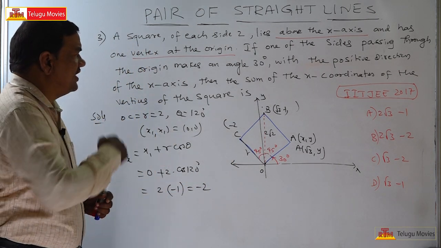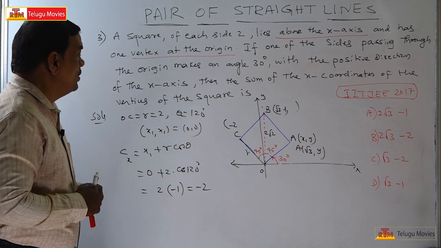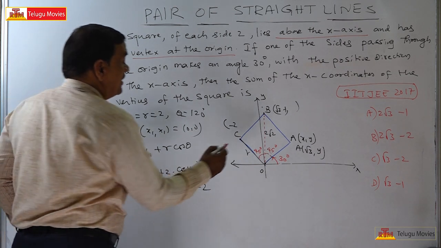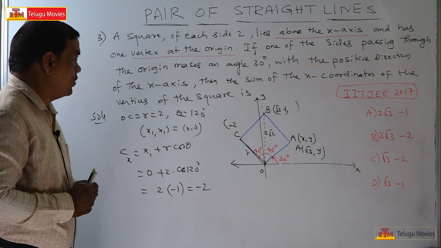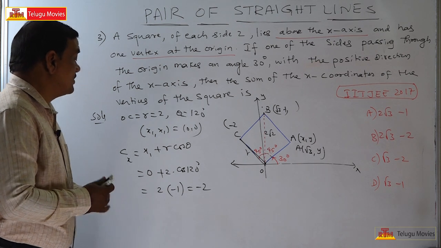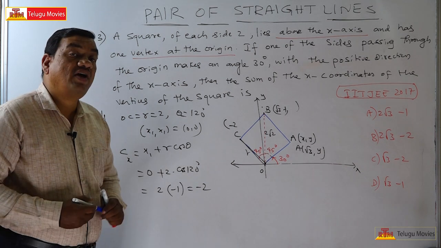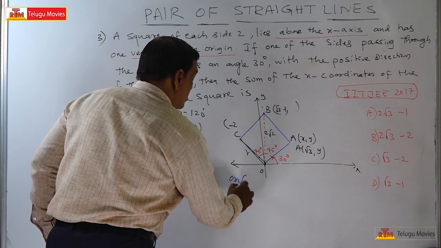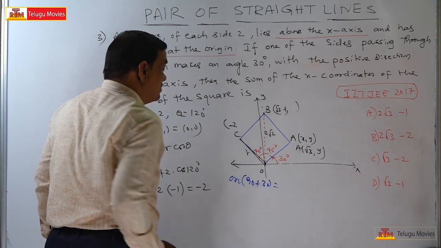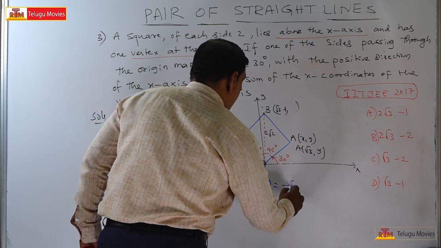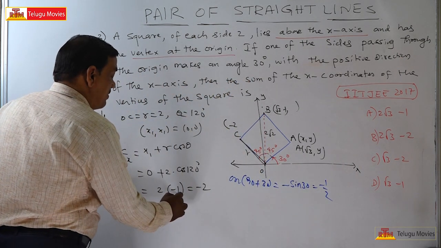Now, everything is clear here. The r value is the length of each side, OC length is equal to 2. So, x1 plus r cos theta. Once you check the cos 120 value, cos 120 is nothing but cos of 90 plus 30, which is minus sin 30, that is minus 1 by 2.